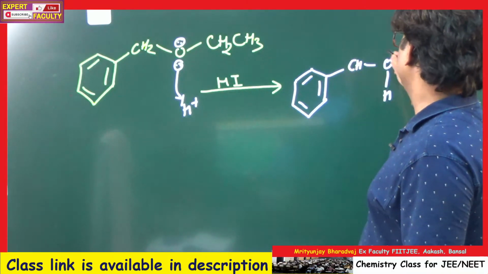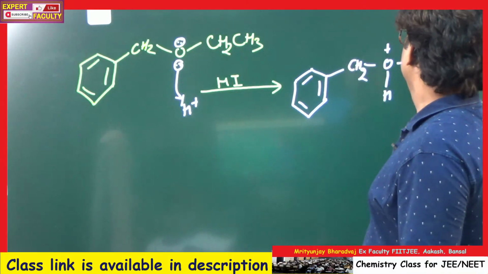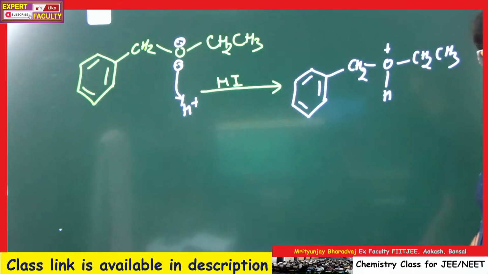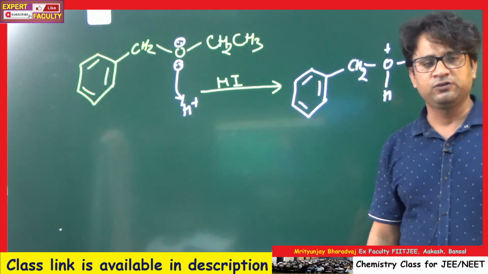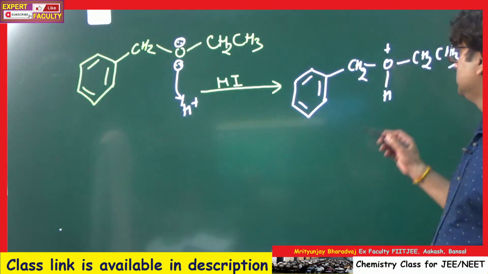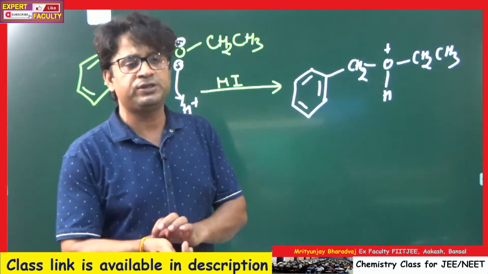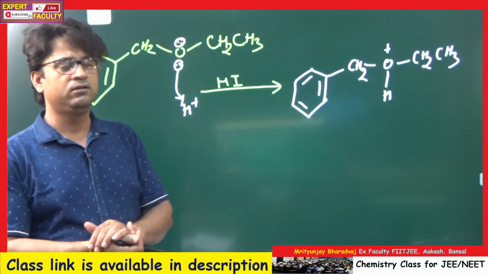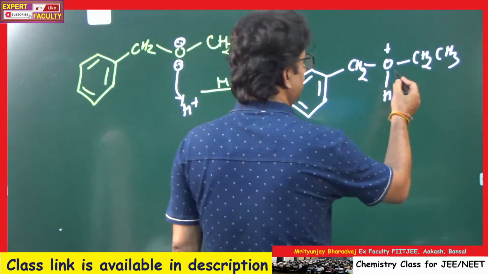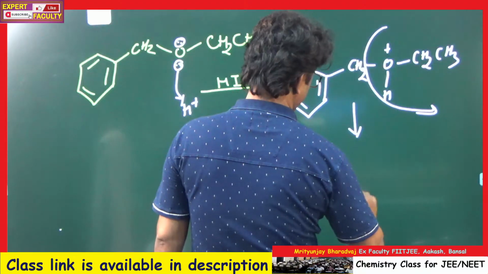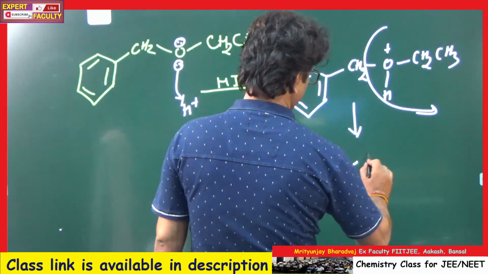O will get a positive charge. Then it will become a good leaving group. So what will happen? It will leave. Which alkyl group will go with the oxygen and which carbon will get the positive charge? CH3CH2 will leave, and the benzylic carbon will get positive charge.